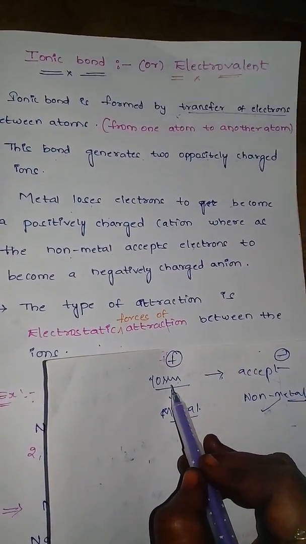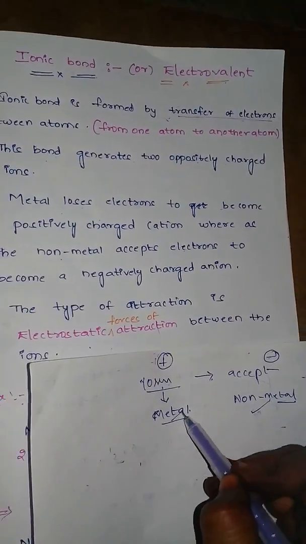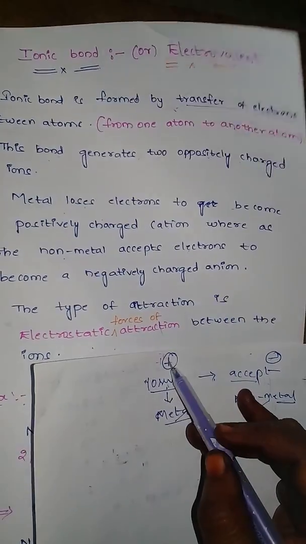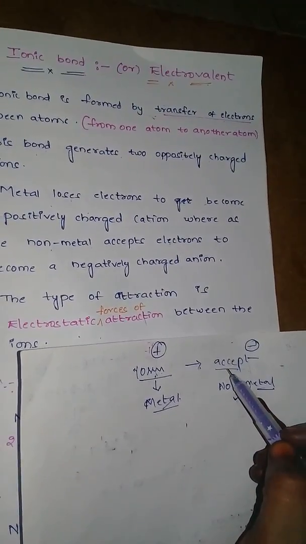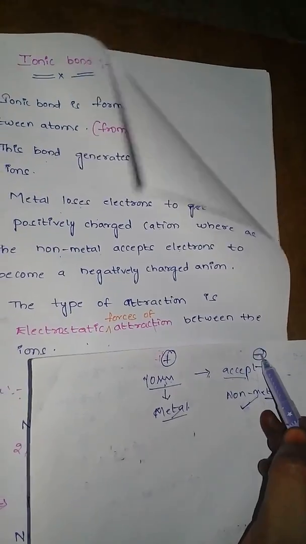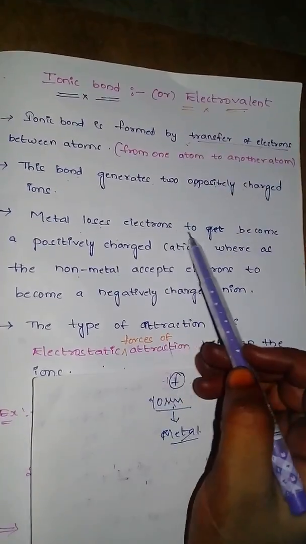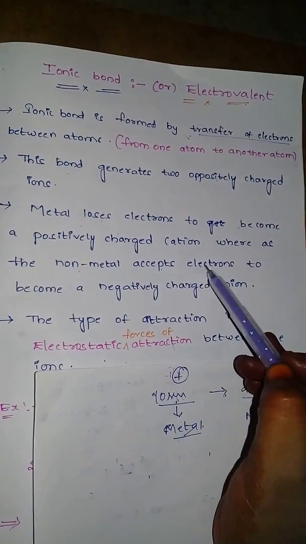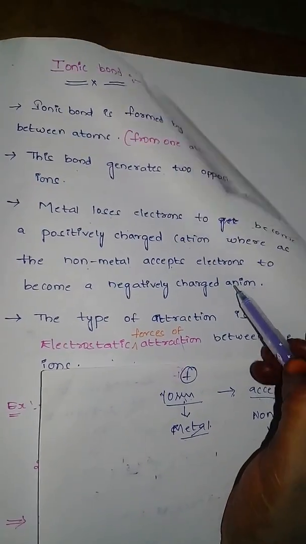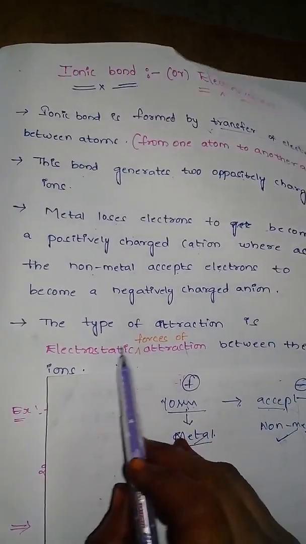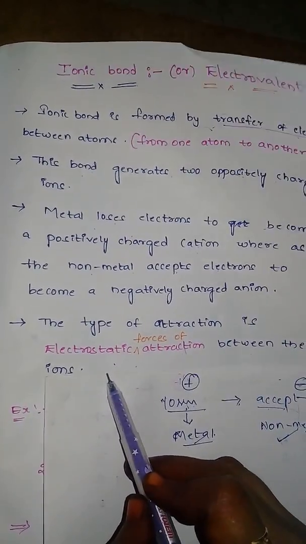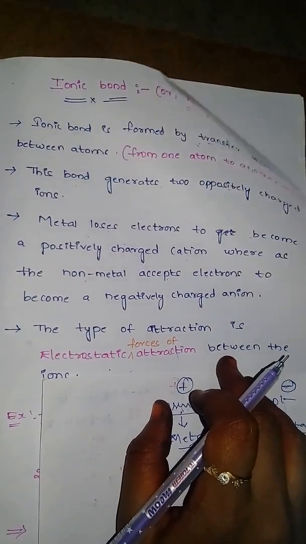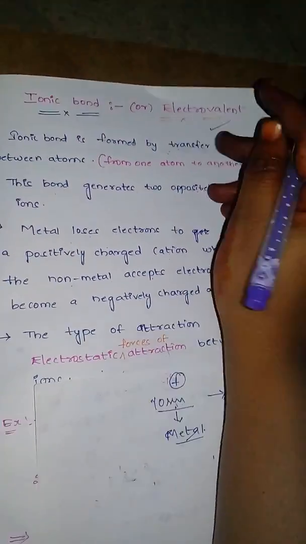The element which loses electrons is known as metal and becomes a positively charged cation, and the one which accepts electrons is known as non-metal and becomes a negatively charged anion. This attraction is electrostatic forces between the ions, but in covalent bond intermolecular forces of attraction are present. Ionic bond is also known as electrovalent bond.